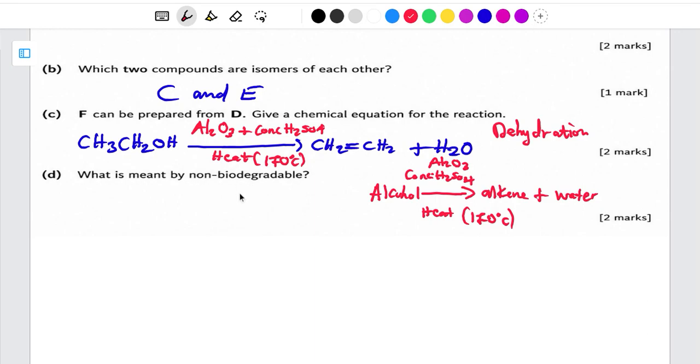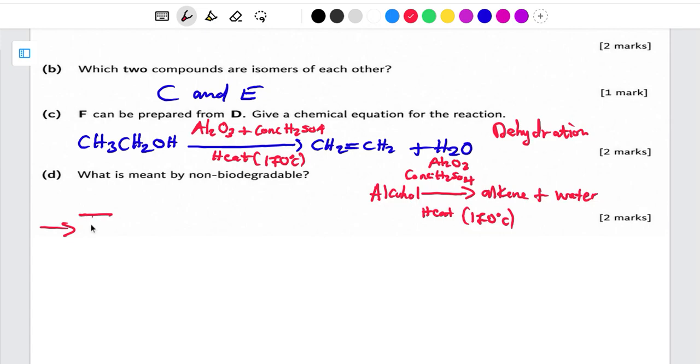For non-biodegradable, these are organic substances that cannot be naturally decayed by microorganisms, like plastics, tires, as well as plastic containers, all those things, because there are no living organisms or microorganisms that can cause decay to those ones.